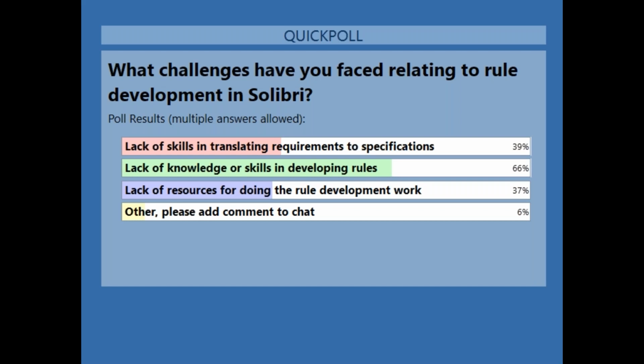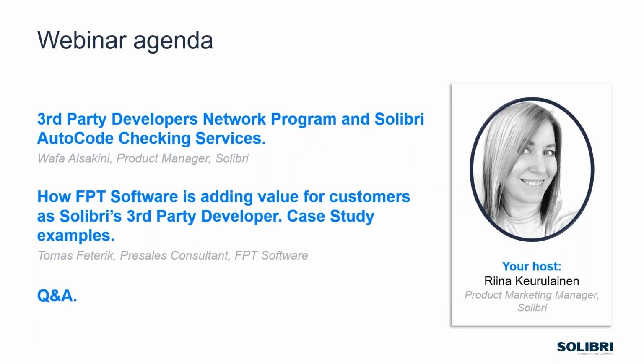Then almost 40% each said lack of skills in translating the requirements to specifications for new rules, and a lack of resources for doing the development, and there are a few with some other type of challenges that we can look into later on or offline. Thank you for joining the poll and sharing your thoughts.